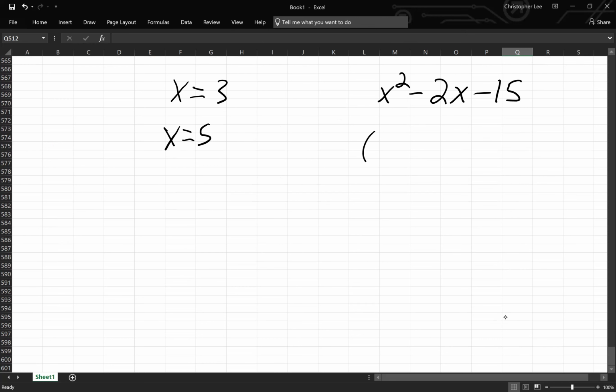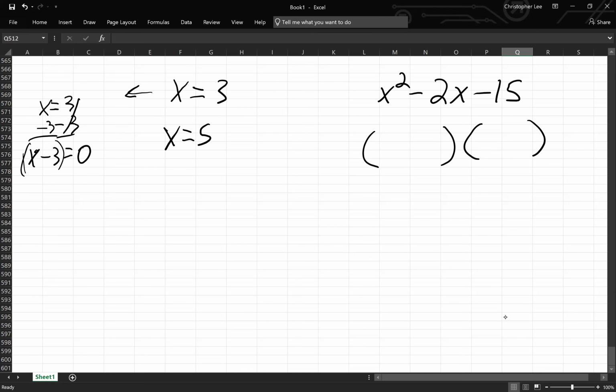Let's say that you wanted the factors of this. All you would have to do is take the roots and just move the number to the other side. So if I have x equals 3, subtract 3 from here, subtract 3 from here, you're going to get what? x minus 3 equals 0. This is one of your factors, x minus 3.